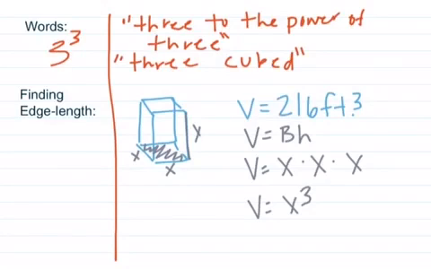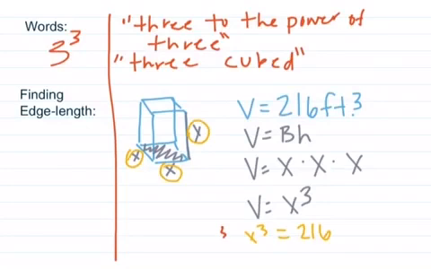Now, x cubed is equal to the volume, which is equal to 216. So now you have to think, what number times itself again is going to equal 216?